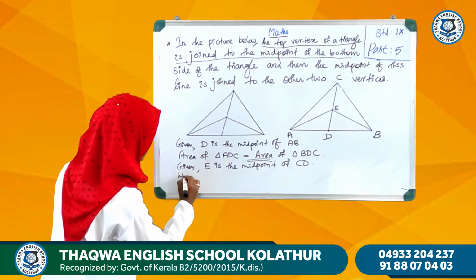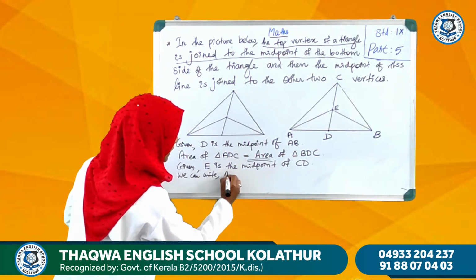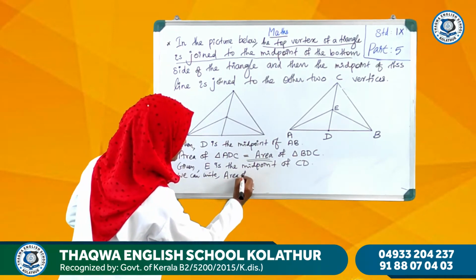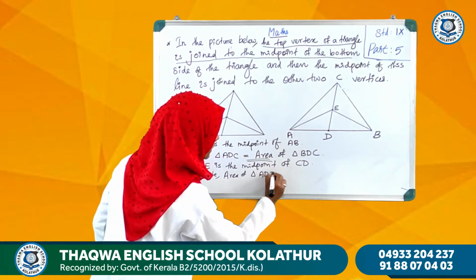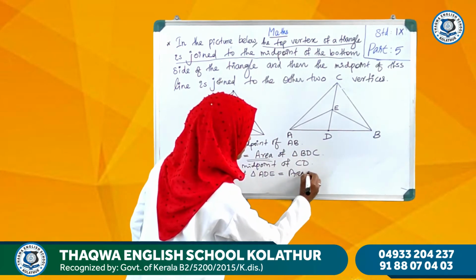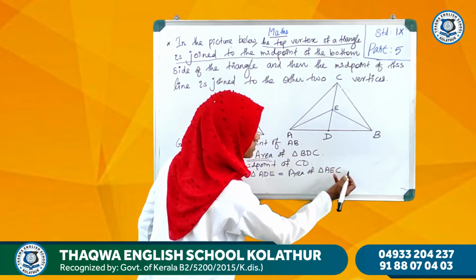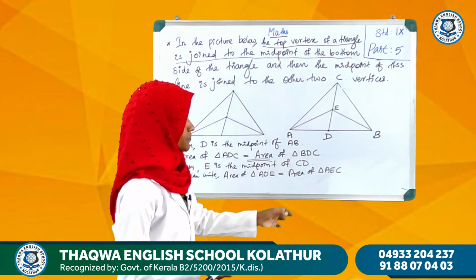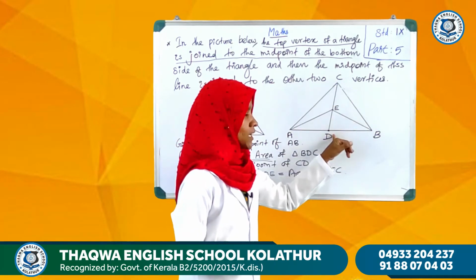We can write area of triangle ADE equals area of triangle AEC. Why? We have given E is the midpoint of the line CD.